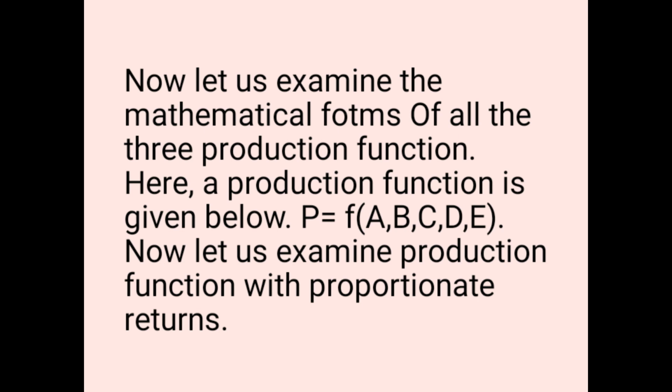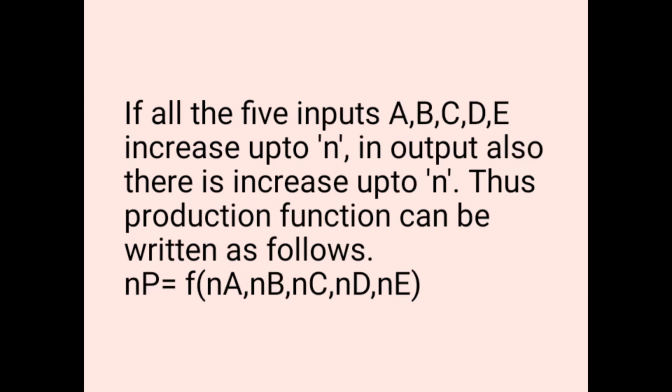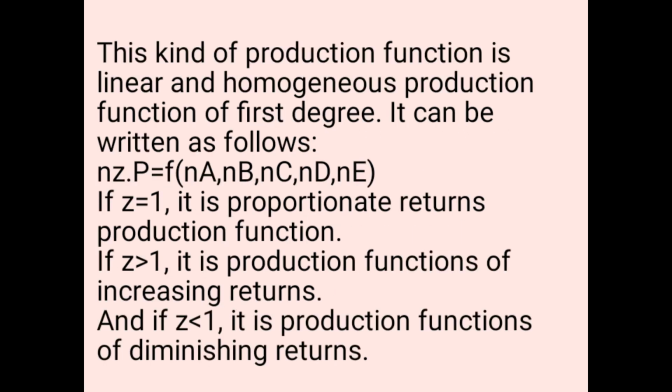Let us take a look over the formula. n raised to z. It is not nz, it is n raised to z. n raised to z into P is equal to F of nA, nB, nC, nD, nE.